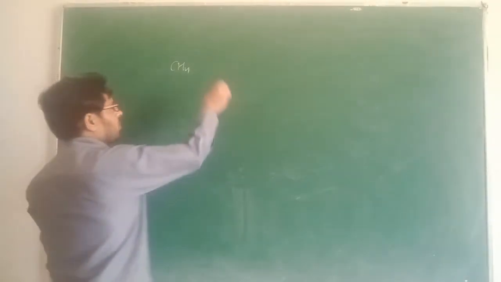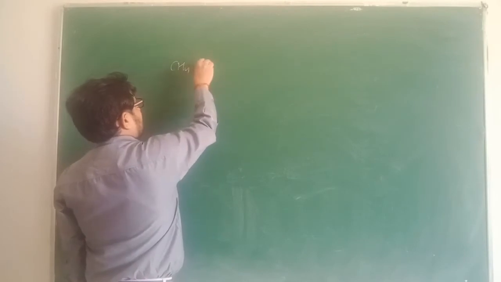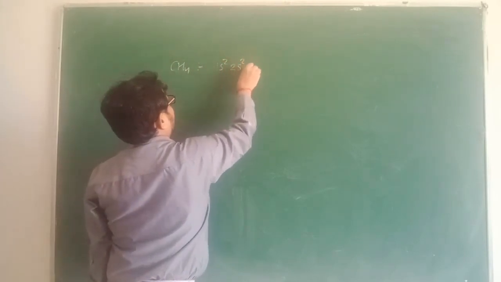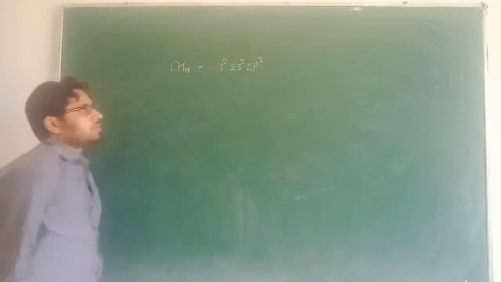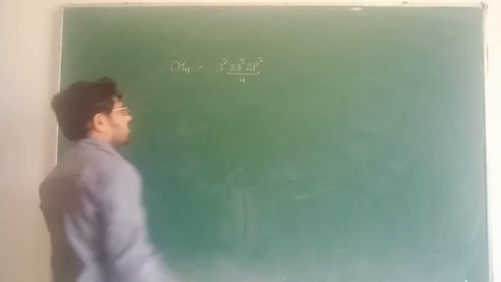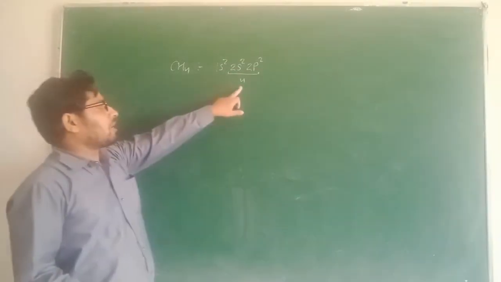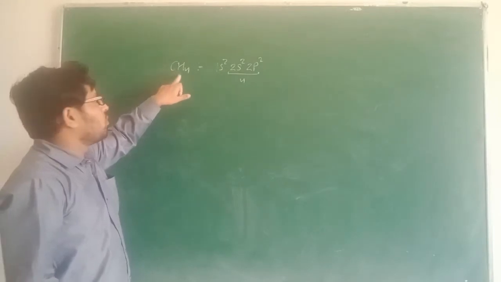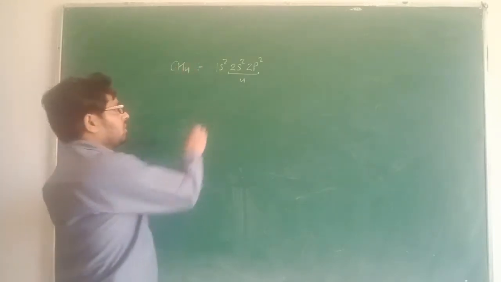Let's see. The electronic configuration of carbon is 1s2, 2s2, 2p2. So that means carbon contains 4 electrons in the outermost shell. All 4 electrons are bonded with the 4 hydrogens. That means around the central atom 4 atoms are attached, so this is 4.